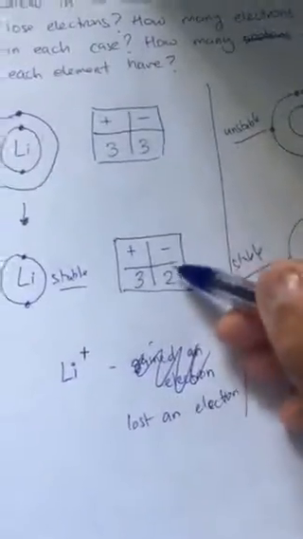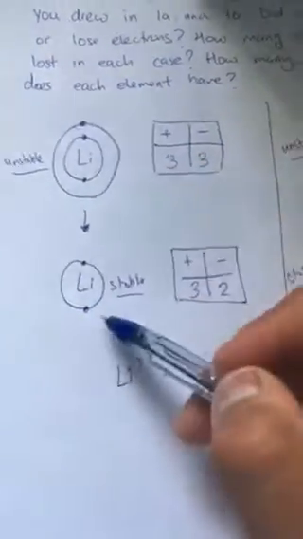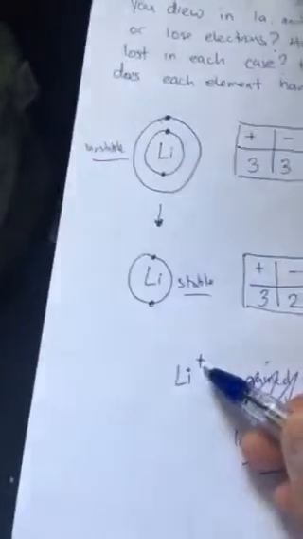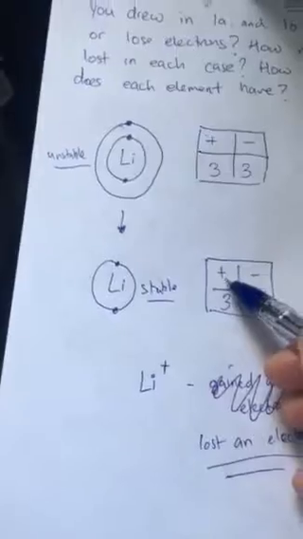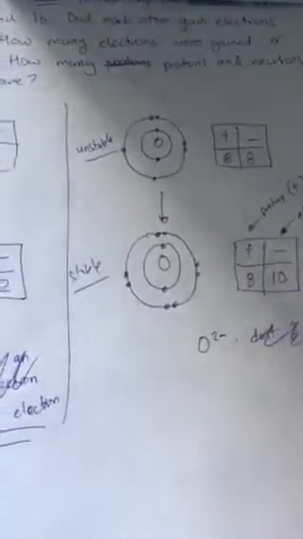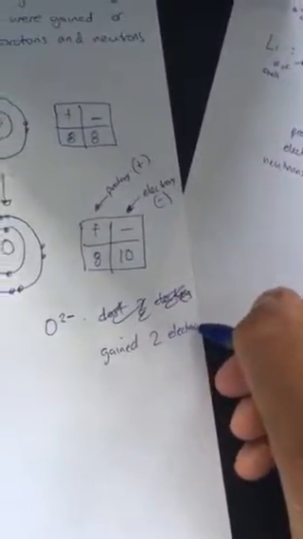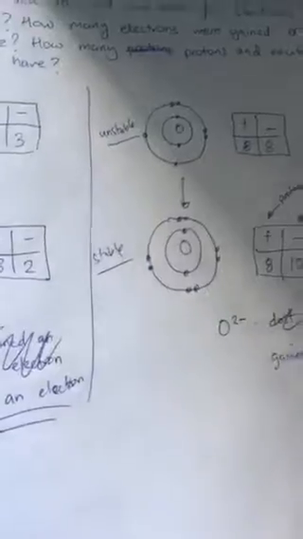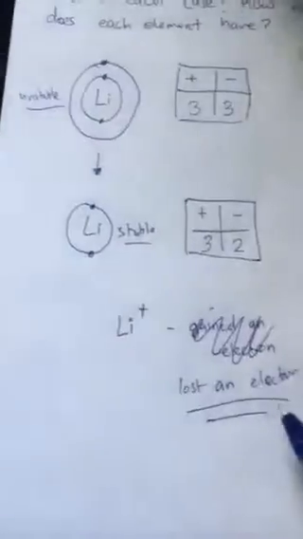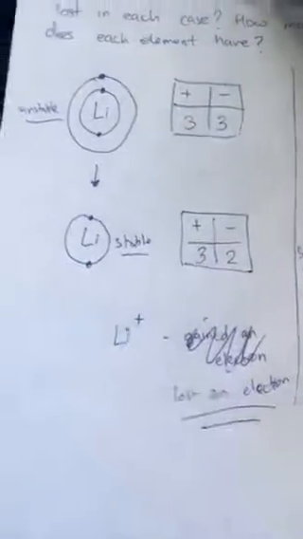Okay, it lost an electron, right? You took one off in order for it to be stable. Lithium lost an electron. That's why it's positively charged, because now there's 1 extra positive charge. Oxygen gained 2 electrons. From 8 you went to 10, so you added 2. So that's why it's 2 minus, because electrons are negatively charged. Protons are positively charged, so you have plus.